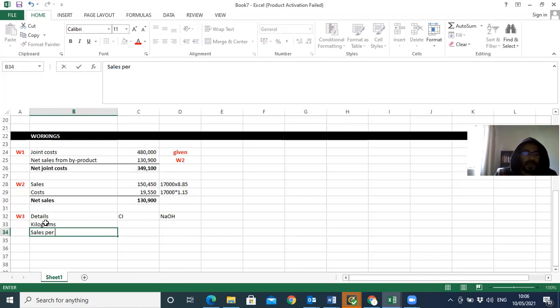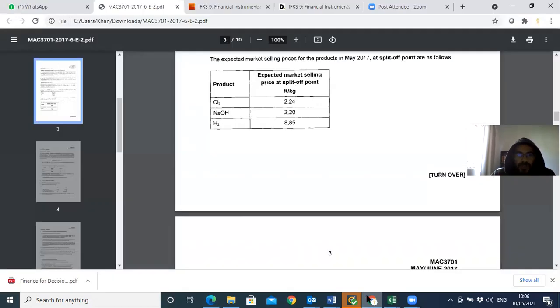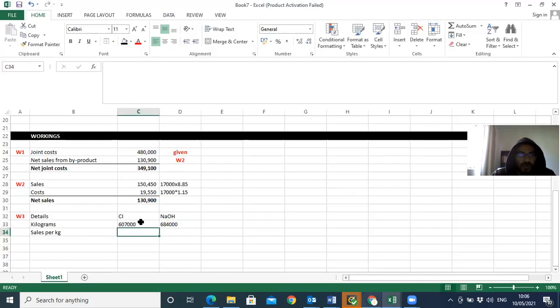Kilograms for chlorine, we know it is 607. For NaOH 684. The prices were 2.20 and 2.24.